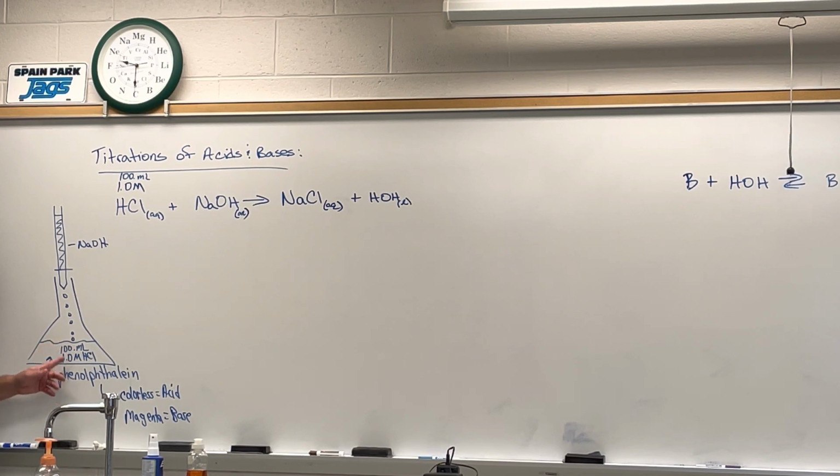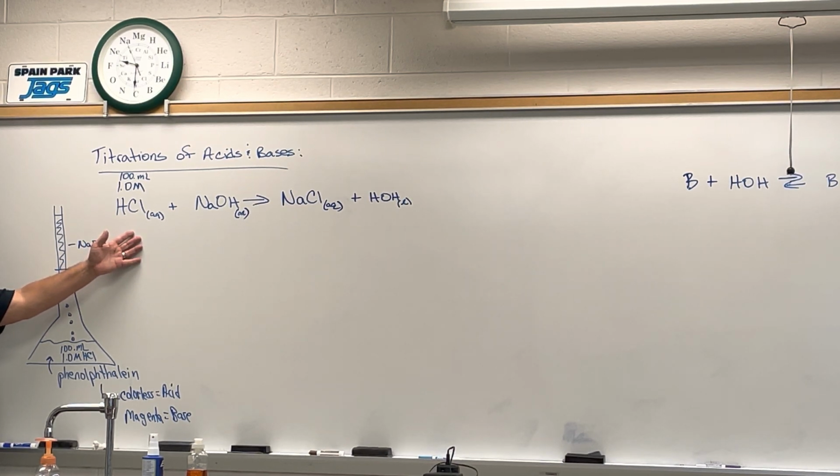When is the phenolphthalein going to change to magenta? When the pH becomes basic. When is that going to happen in terms of this reaction? Which means how much HCl will be left?